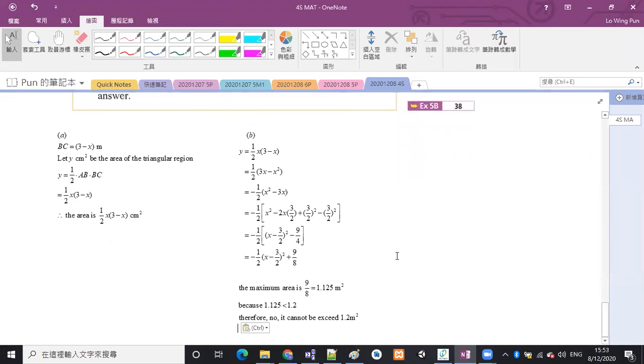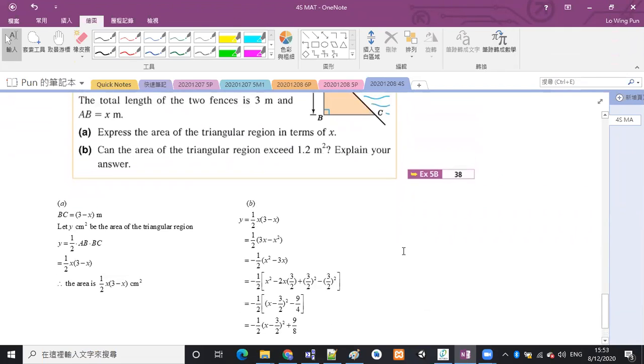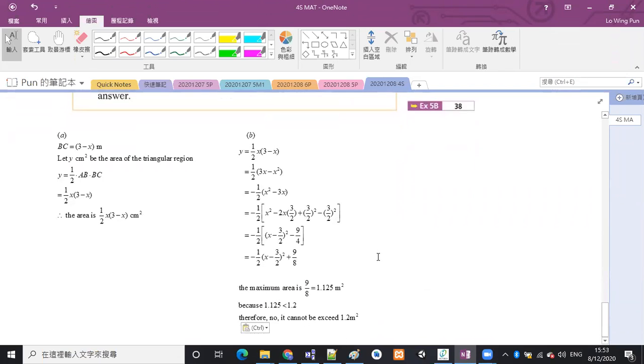OK，最大都係1.125，最大嘅可能性都係1.125。咁所以呢個 under 呢一個咁嘅限制底下，就冇可能圍到一個三角形嘅面積係超過1.2 meter square 咁樣啦。OK，得唔得？Get 到呢個諗法呢度？Is that okay?